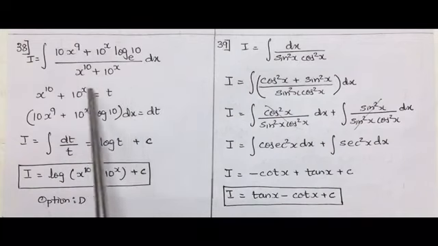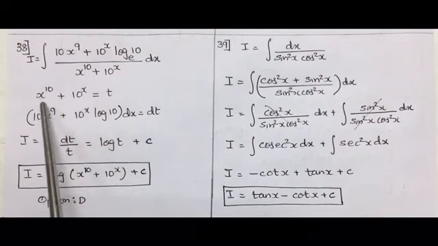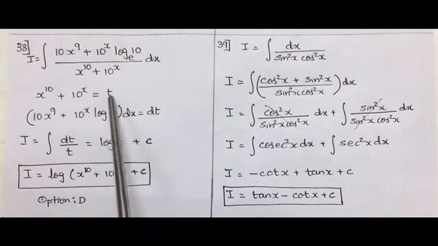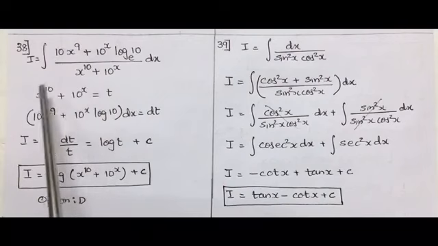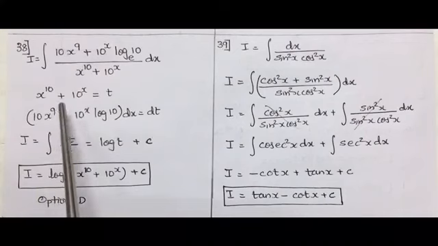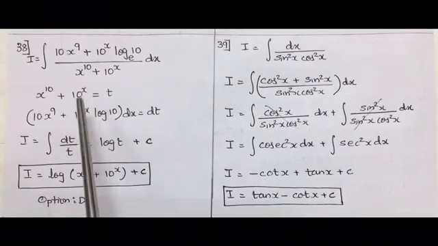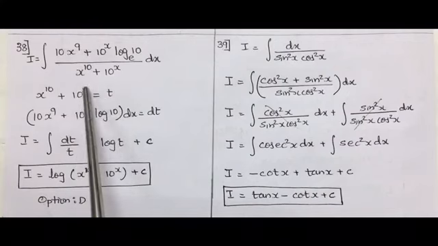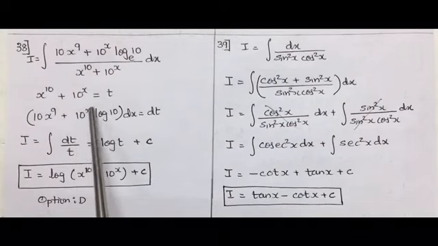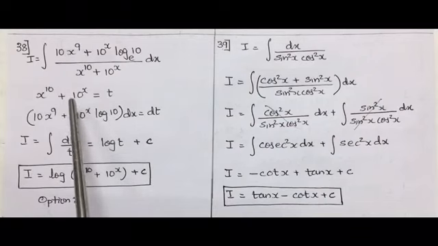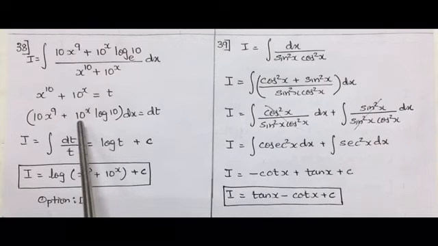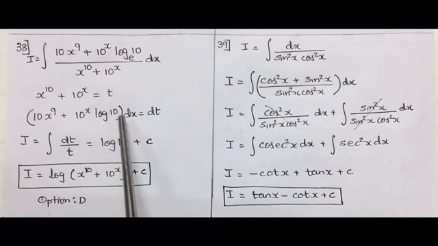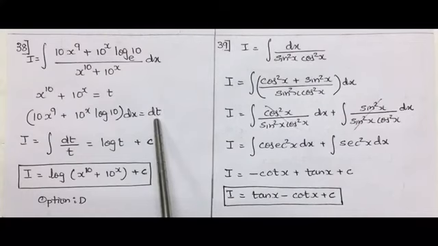Now assuming the denominator x raised to 10 plus 10 raised to x equal to t and differentiating it. x raised to 10 differentiation is 10x raised to 9, and 10 raised to x differentiation is similar to a raised to x, so a raised to x log a. Instead of a we have 10 here. So it becomes 10 raised to x log of 10 dx is equal to dt.